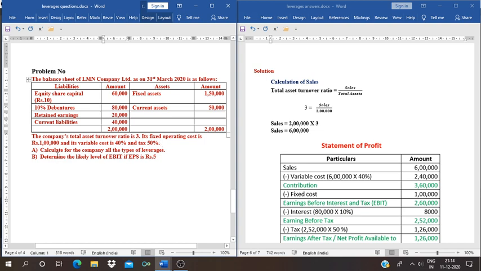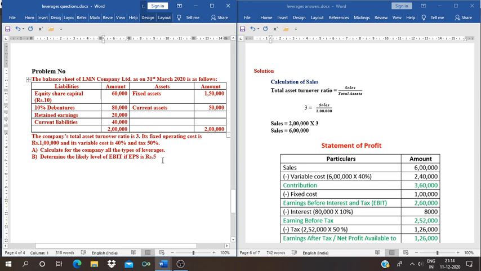Next, calculate for the company all the types of leverages. That is, 3 types of leverages we have to calculate: financial leverage, operating leverage and combined leverage. Next, determine the likely level of EBIT if EPS is rupees 5.